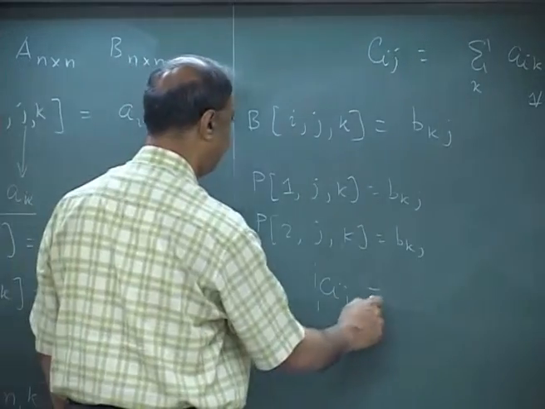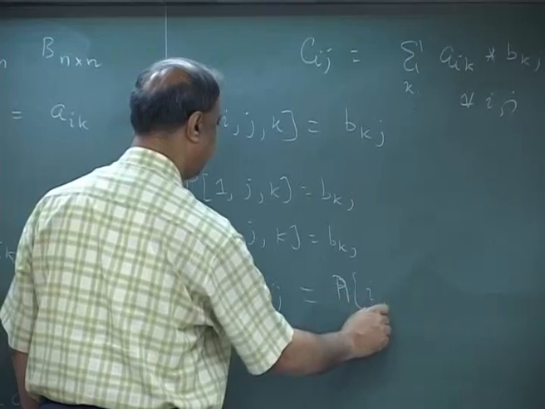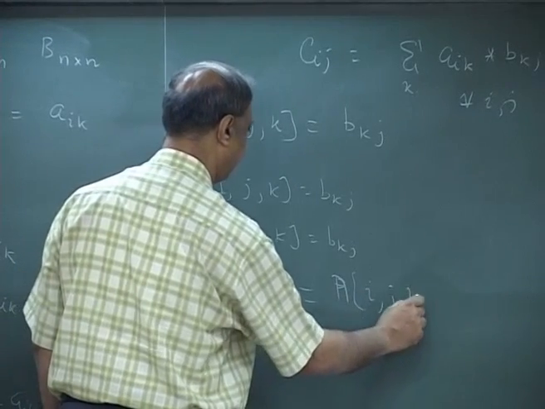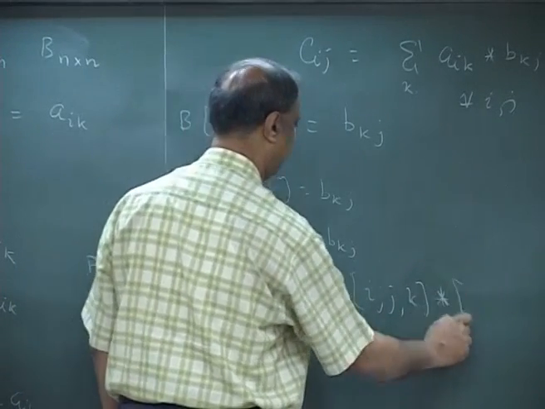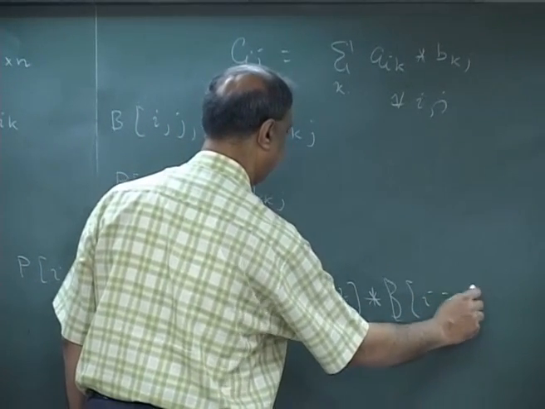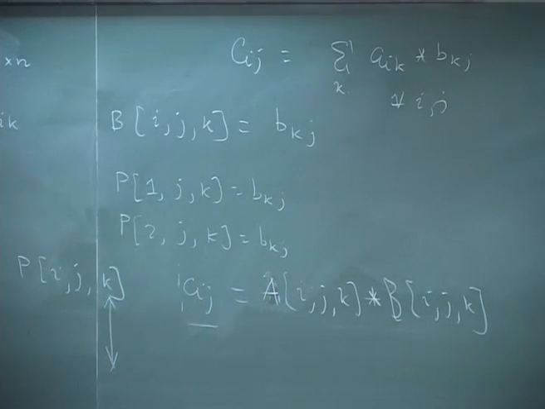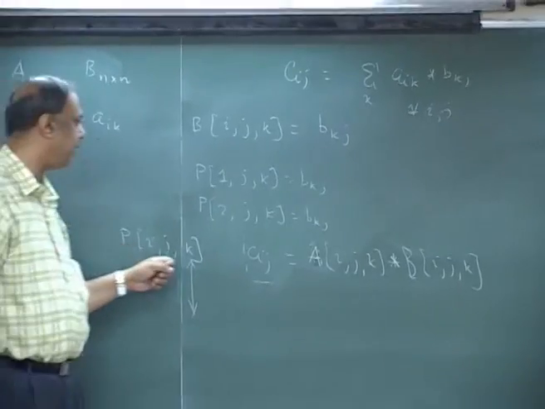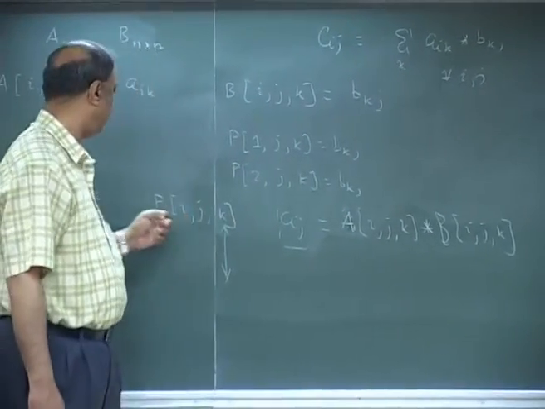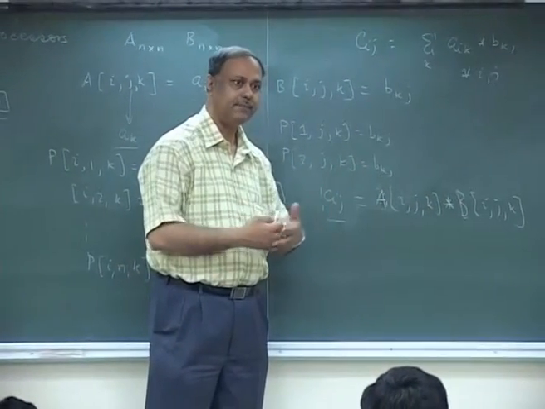Cij is nothing but Pi or Aijk star Bijk. This is A. Is it okay? Because Aijk contains Aik, Bijk contains Bkj, so they are multipliable.